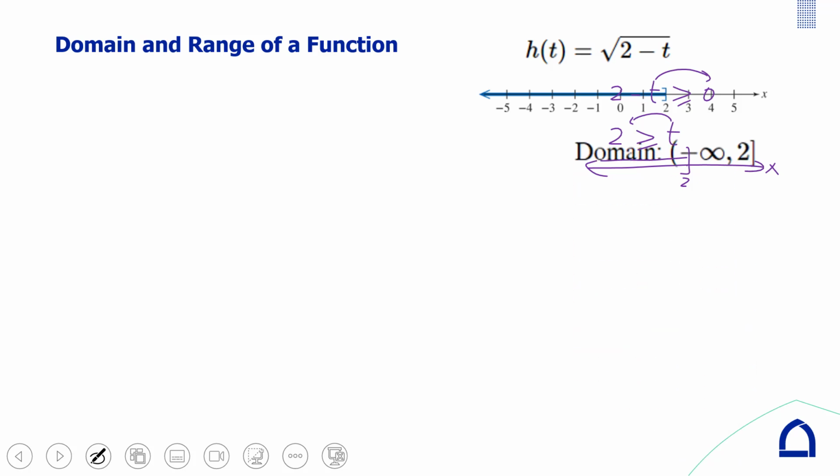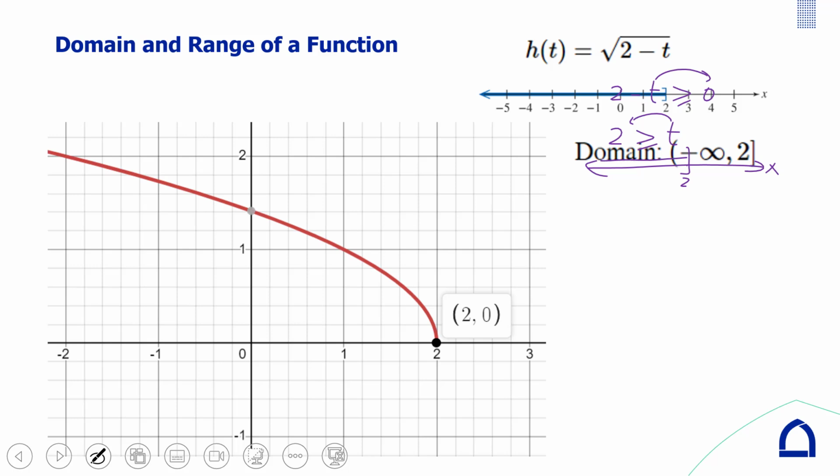So the domain, from left to right, is minus infinity to 2, but 2 is included, so we use the square bracket. When we graph the function, we notice the function has values to the left of 2, but to the right of 2 there are no values we can graph because they are not real values.